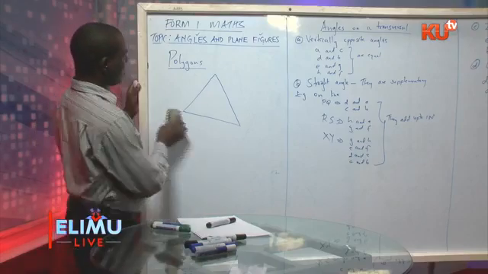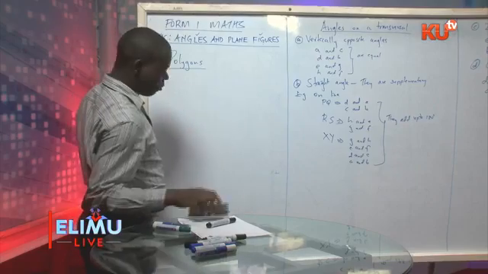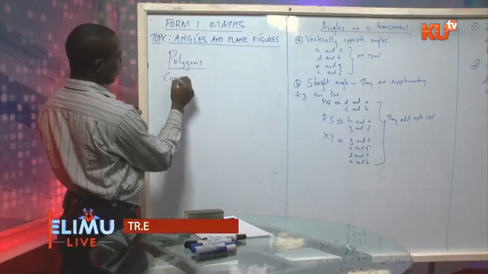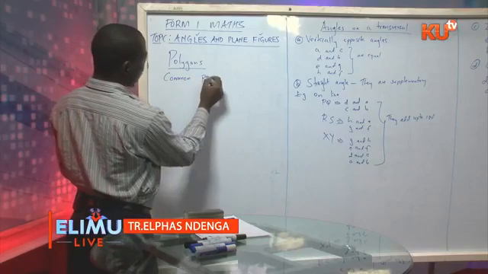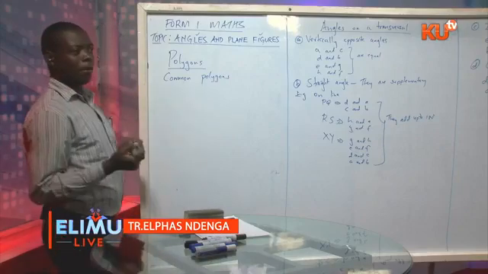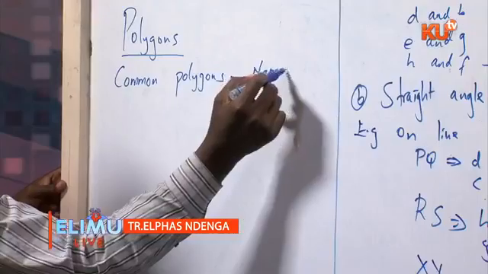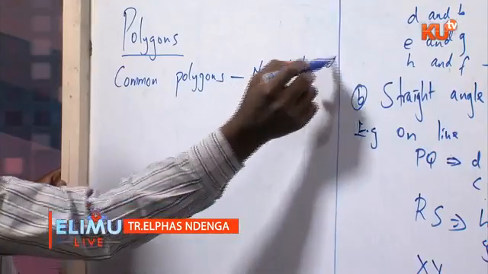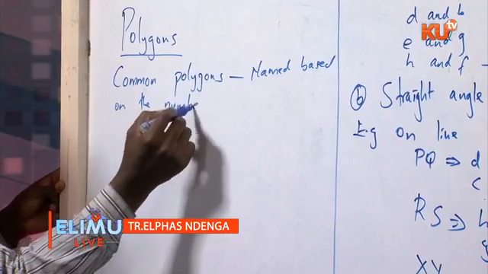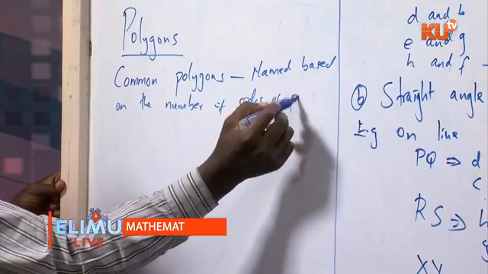And so if we can tell that a polygon is bounded by more than 2 straight lines, then we have what we call common polygons. Common polygons that are named based on the number of sides of the polygon.